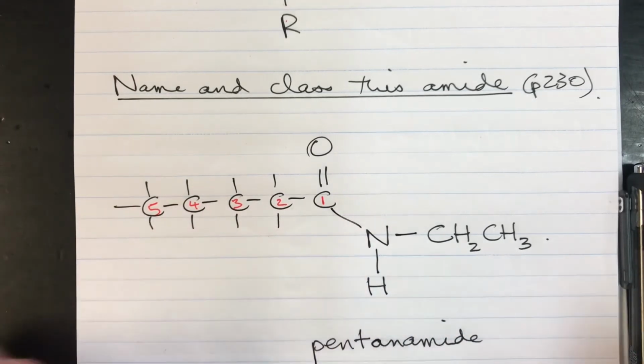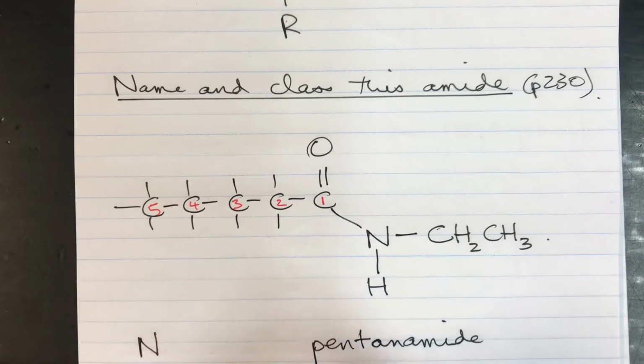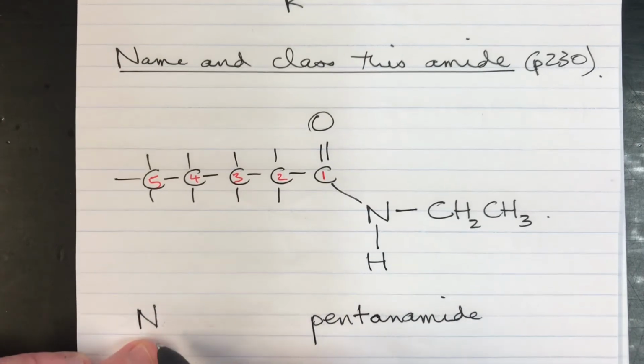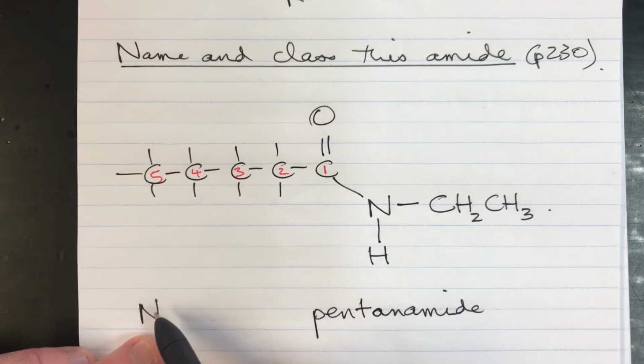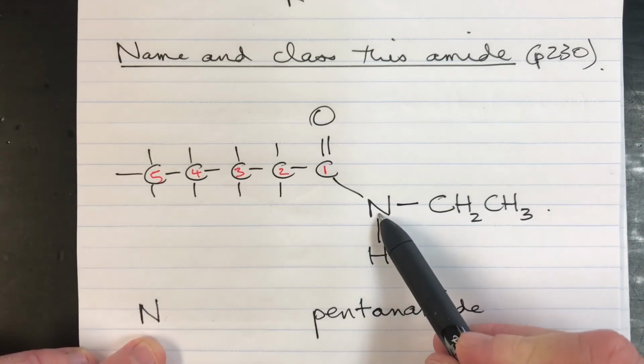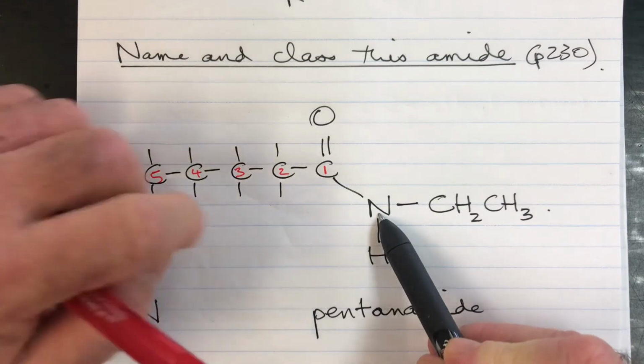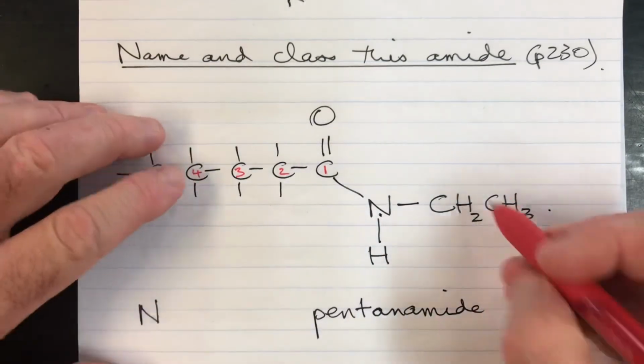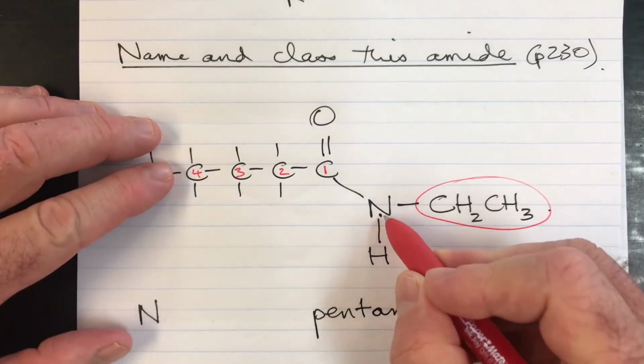The next step is to use the letter N. The capital letter N goes at the very start. The capital letter N is used to represent bonds to the nitrogen atom in these complex type of amides. So the locant N indicates that there is an alkyl group. Here's the N in the actual molecule. There's an alkyl group, this one, attached to the nitrogen.